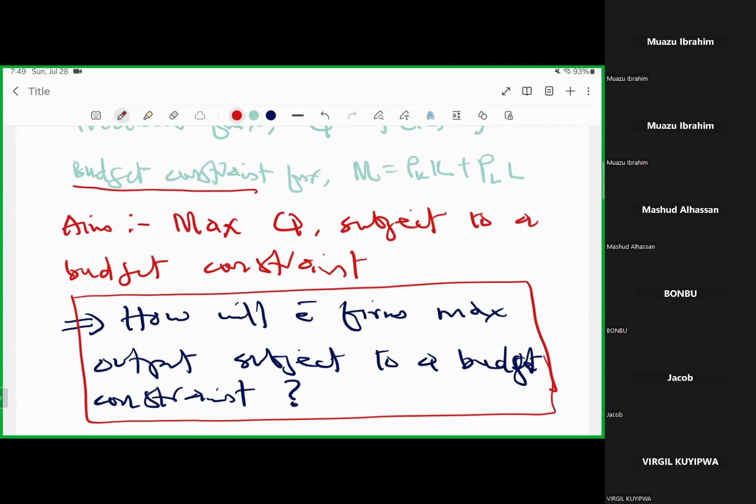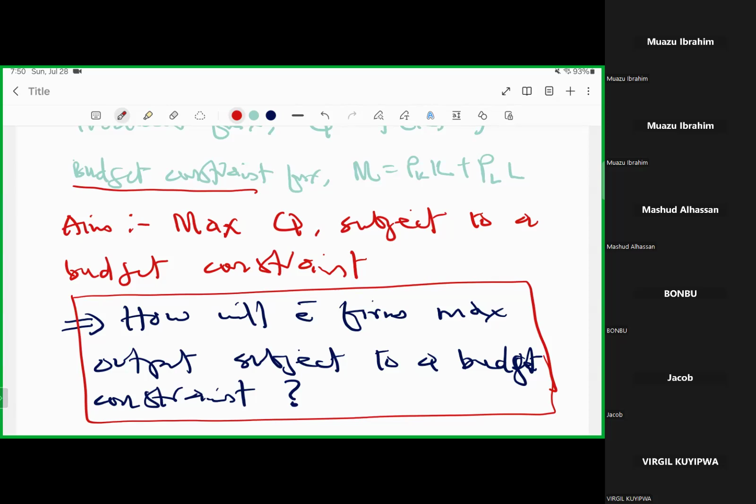At the same time, a firm is also aiming at minimizing cost, subject to production, because you would want to minimize your cost, but you have some production quotas to meet. So how will you minimize the cost and at the same time meet the production quotas that you would want?